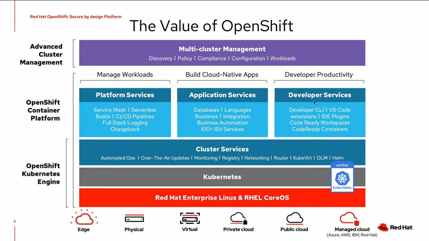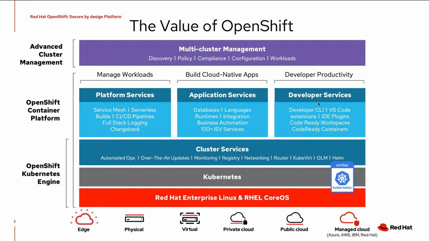So let's take a quick look at the platform and talk about the value of OpenShift. It's very important to note that OpenShift is Kubernetes plus all of these out-of-the-box added services for both developers and ops teams. These added services help you build productive cloud-native apps and manage your workloads.